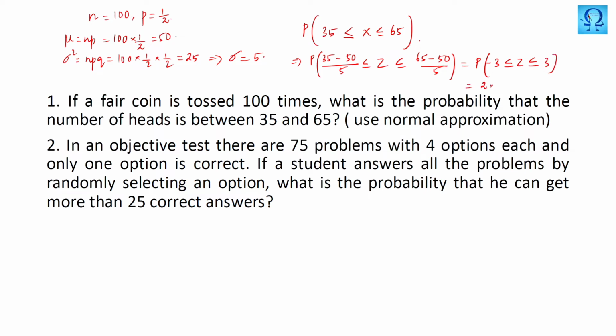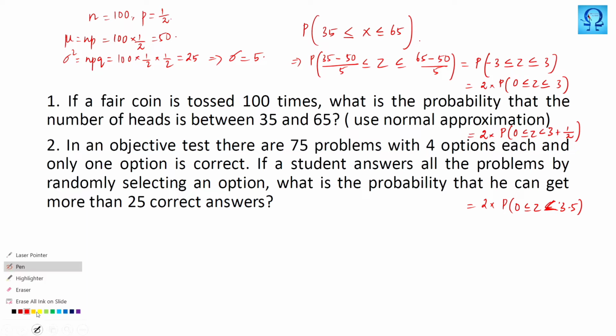This can be treated as 2 times the probability of 0 less than or equal to Z less than or equal to 3, since we are going to make use of a one-sided table. And remember, we have converted the binomial variate into a normal variate, so we have to make use of continuity correction. That gives us 2 times the probability of 0 less than or equal to Z less than 3 plus half, that is 3.5. You find this value from the table and this is the required probability.